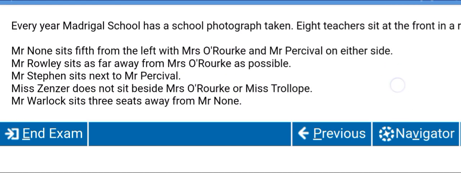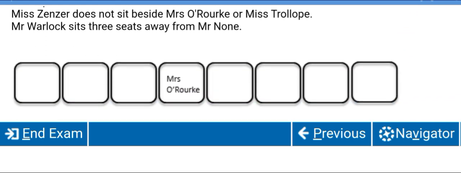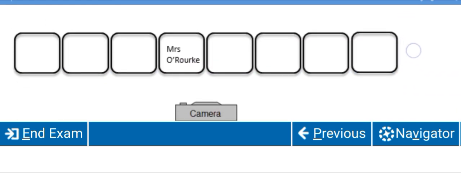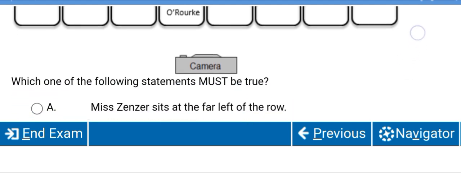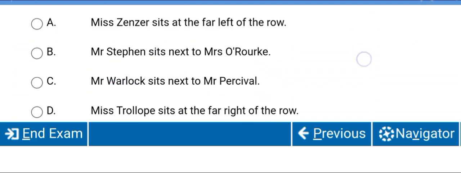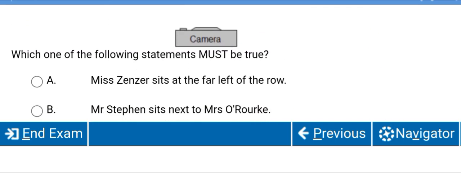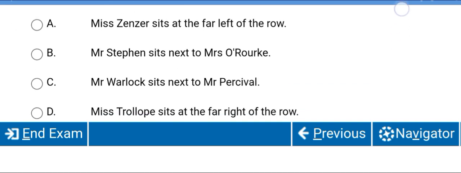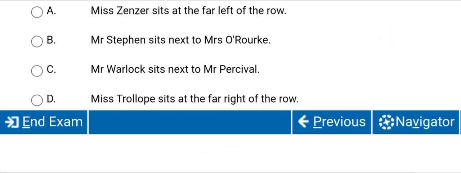Okay, now we have this type of questions which are called the logical puzzles, and now you have to complete this puzzle. So here we have a puzzle box, you can say, and they ask you a question and give 4 options. And the question was which one of the following statements must be true. Option A, Miss Zenzer sits at the far left of the row.